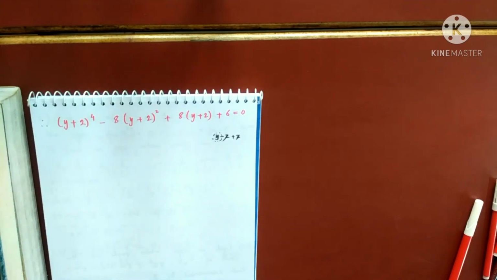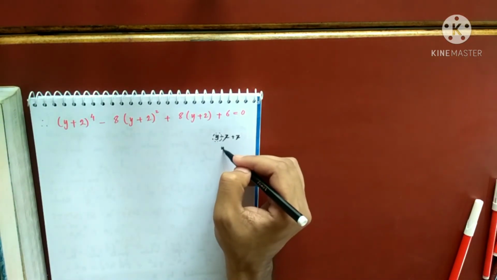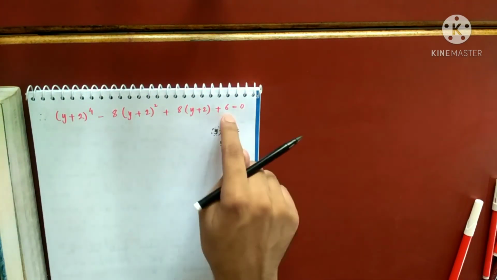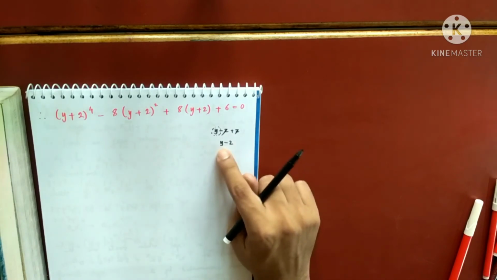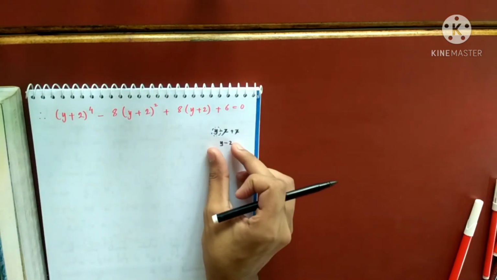So what is my aim? How can I remove this 2? By replacing y by y minus 2. I can convert this in terms of y by replacing y by y minus 2. So I'll use the synthetic division by dividing this by y minus 2.